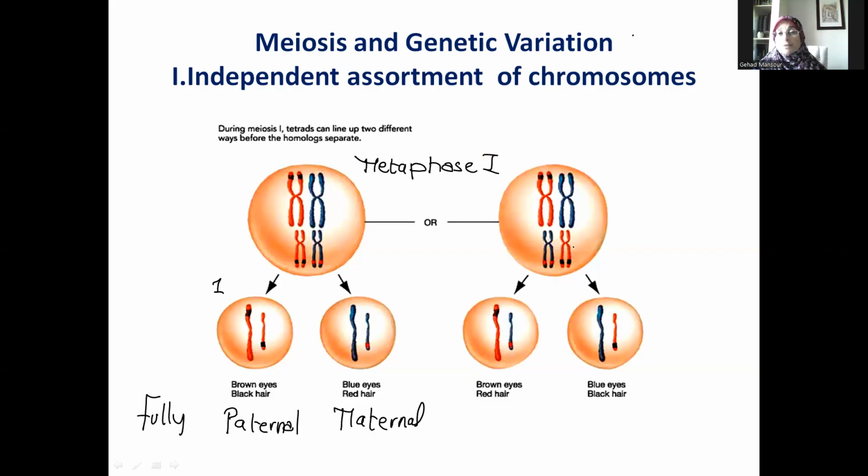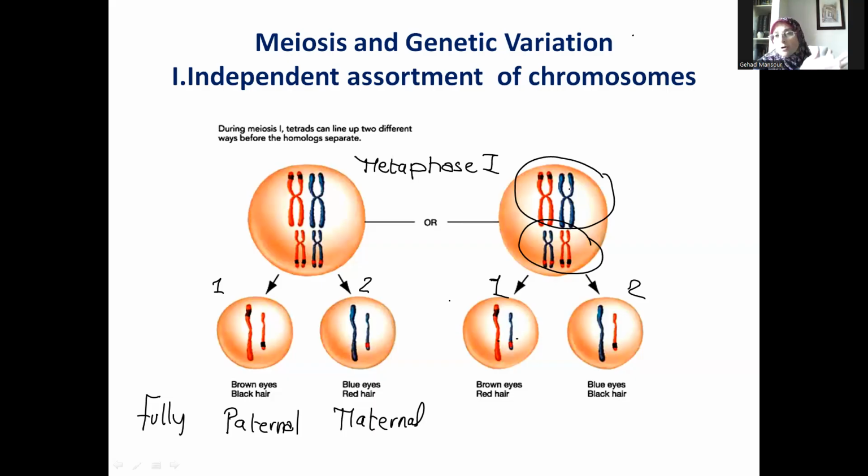If the first pair is arranged like this, with the red paternal one to the left and the blue to the right, and the second pair does the opposite, with the blue maternal to the left and the red paternal to the right, then each and every daughter cell will contain 1 chromosome from the mother and 1 chromosome from the dad, which means that there will be more variation.